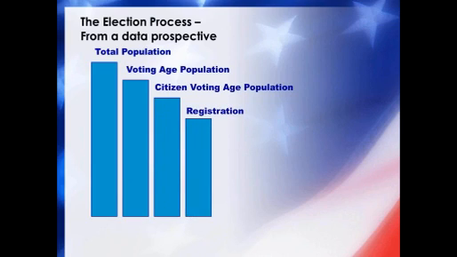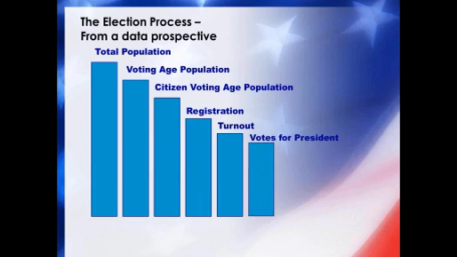Indeed, you have to be registered. And not all registered voters vote. In fact, only parts of them do. Turnout goes down. But with even turnout, not everyone votes for every office. So indeed, vote for president is less than turnout.